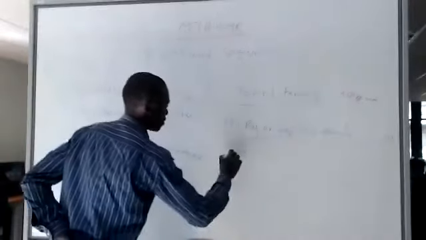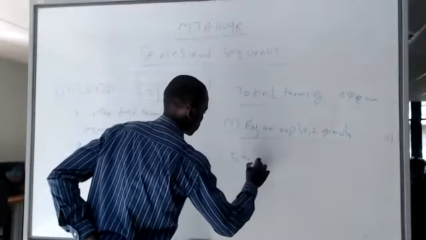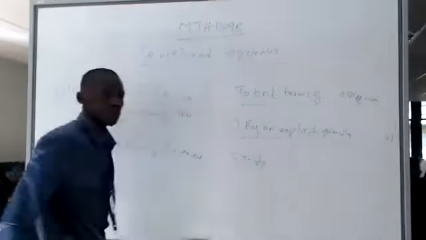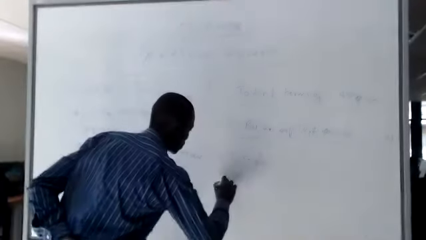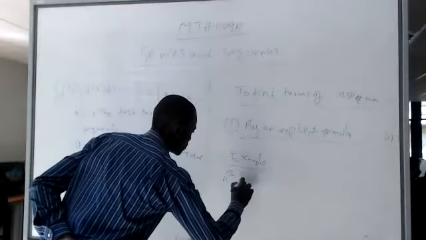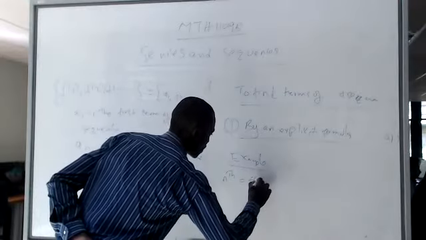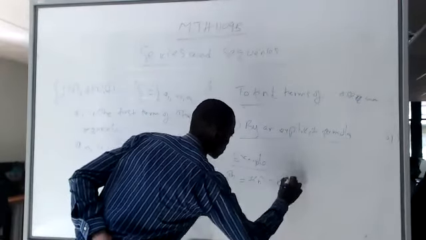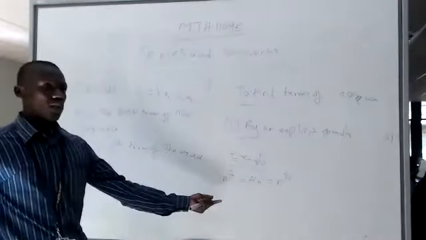Let me give you some examples. Example, suppose you have a sequence for which the nth term is given by f at n is n squared. That is the example that we just saw before.